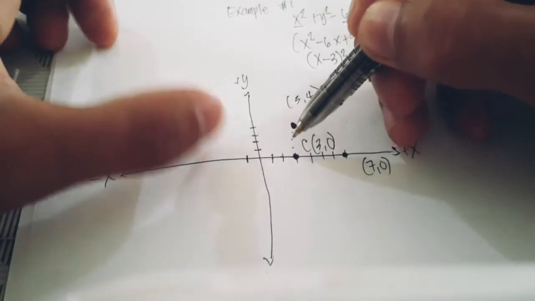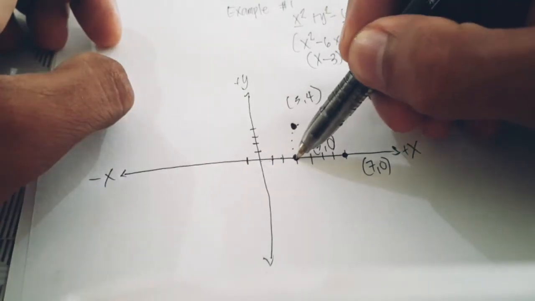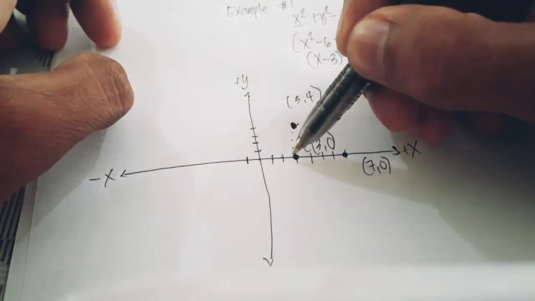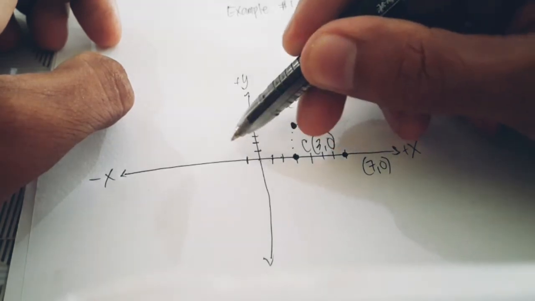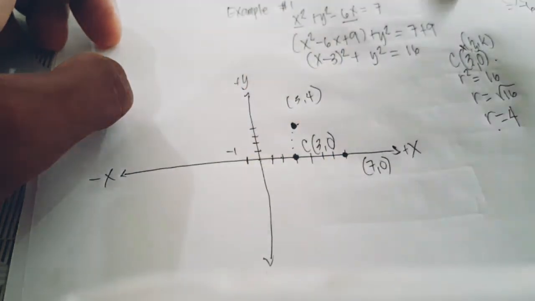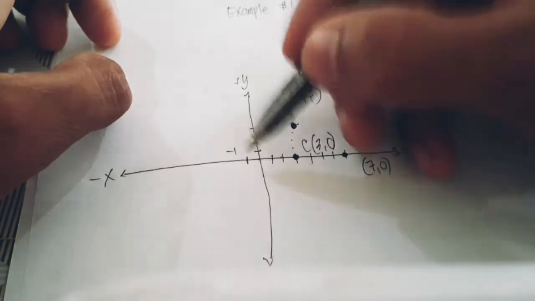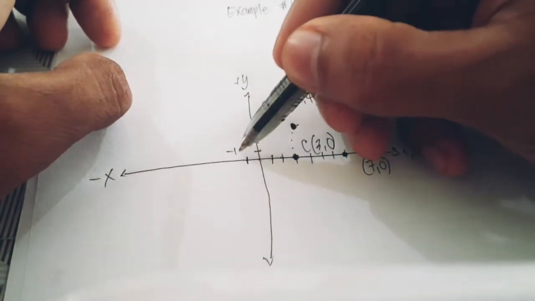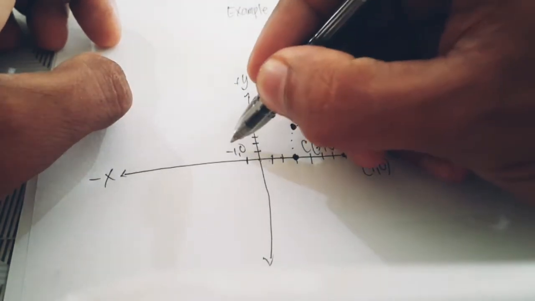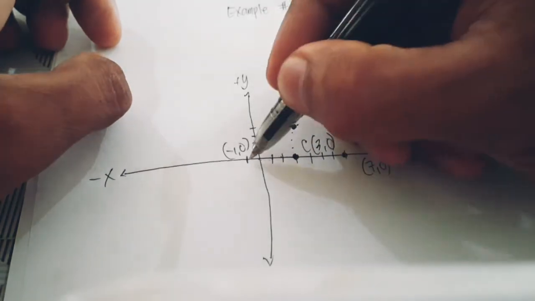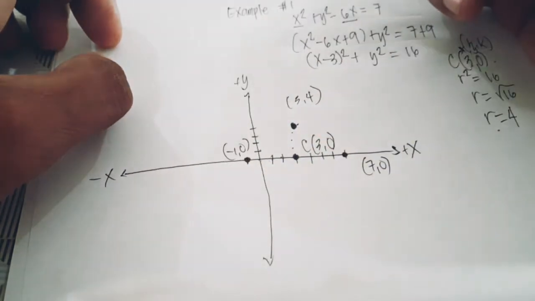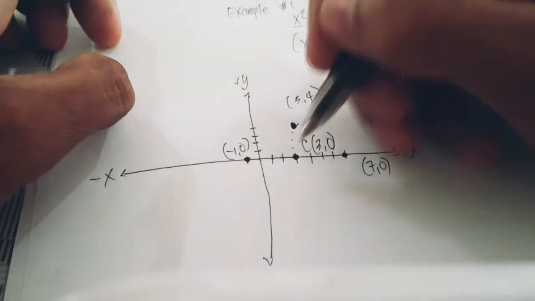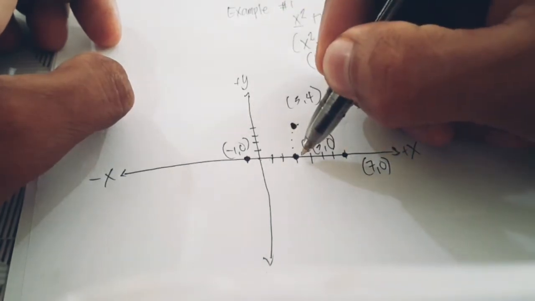So the coordinates to the left: our x is negative 1 and our y is 0. So this is the coordinates of this point in the circle. Okay, so we're going to move 4 units down.